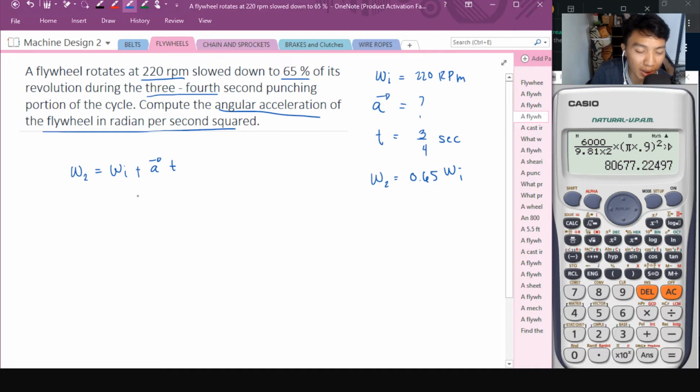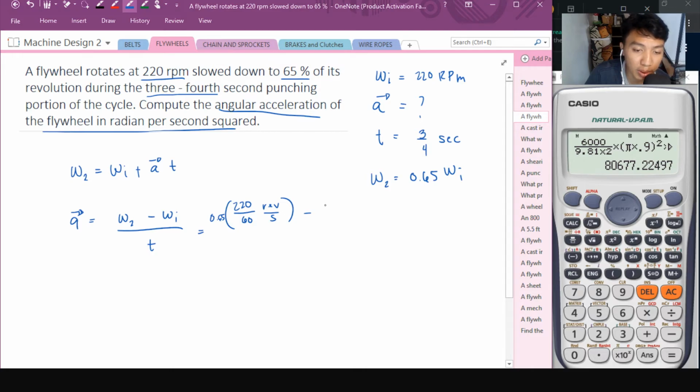Reform natin yung ating equation. So, angular acceleration is equal to omega 2 minus omega 1 divide by t. Tapos, omega 1 is 220, divide ko na lang agad ng 60 para maging revolutions per second. Minus, yung omega 2, 0.65 to eh.